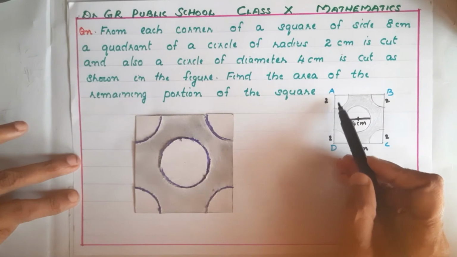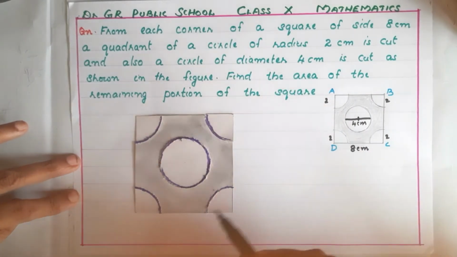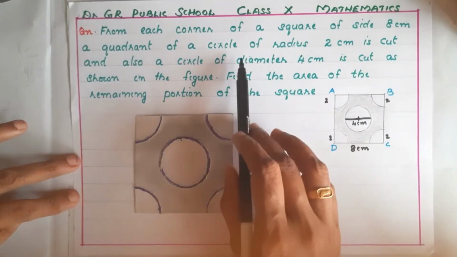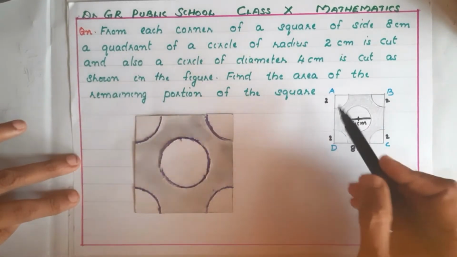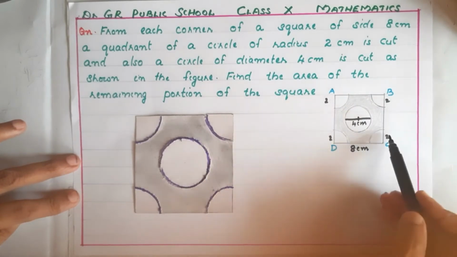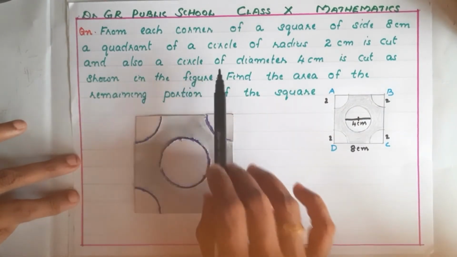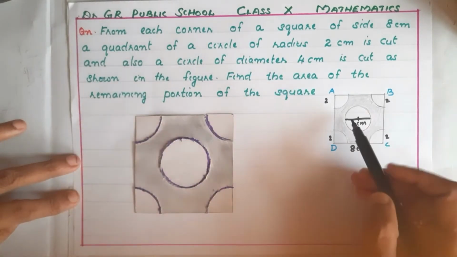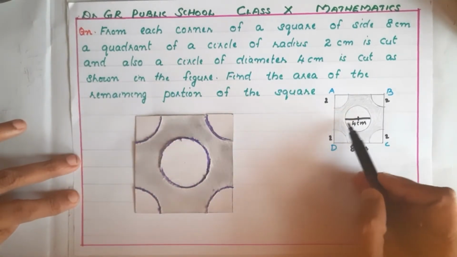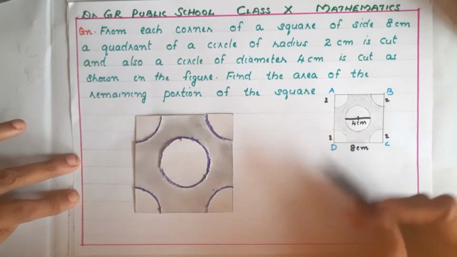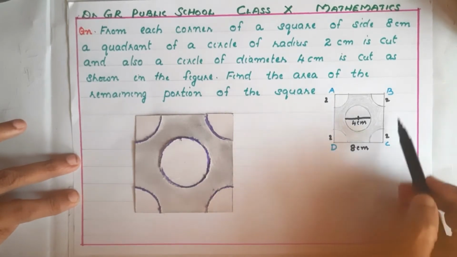So 4 quadrants have been taken from the corners. Quadrant of radius 2 centimeter. So radius is 2 centimeter. Then one more circle of diameter 4 centimeter. So there is a circle of diameter 4 centimeter.